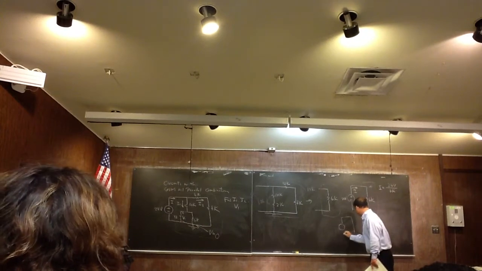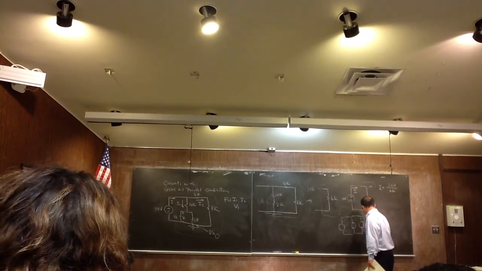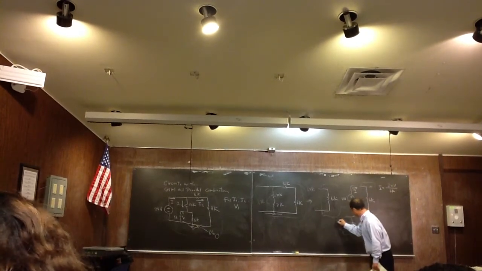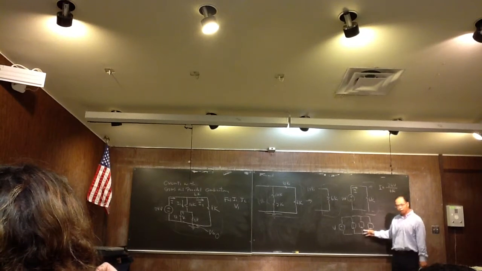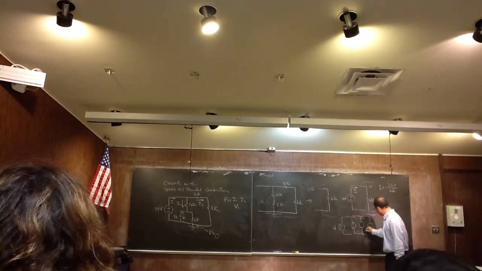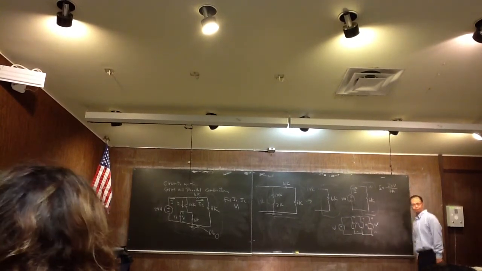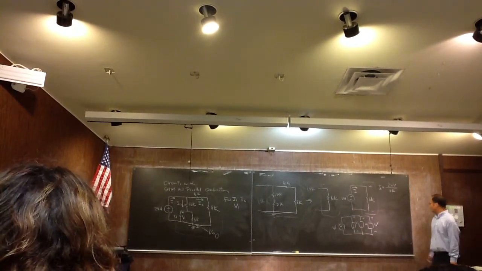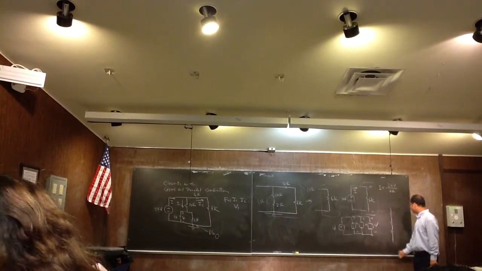Let's say you have several different branches. Let's say this is your V. So this is a parallel combination. The voltage on the parallel is always the same, V. Yes? Now, if you have a series combination, then what will be the same?